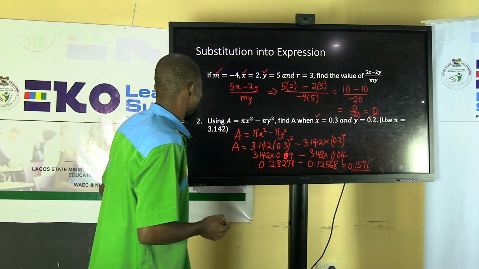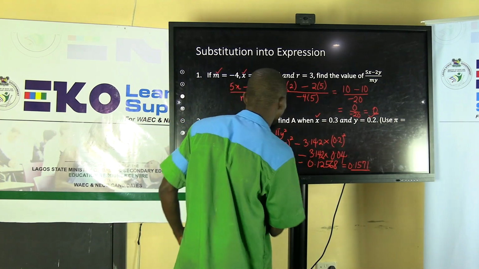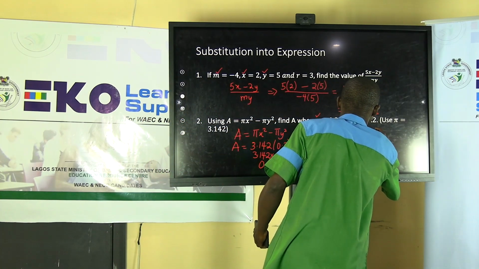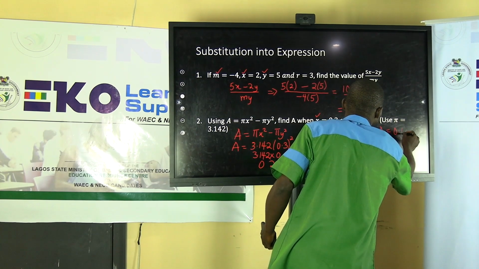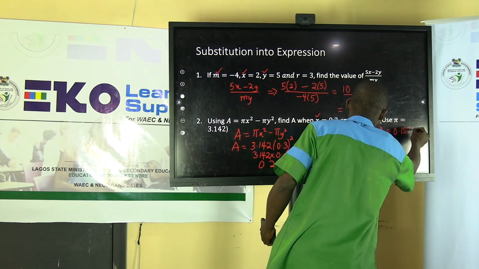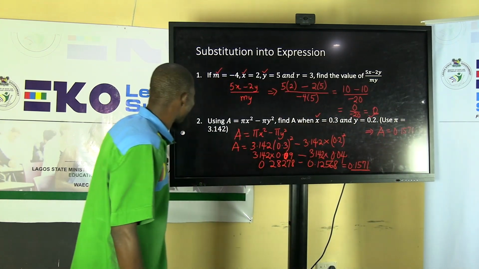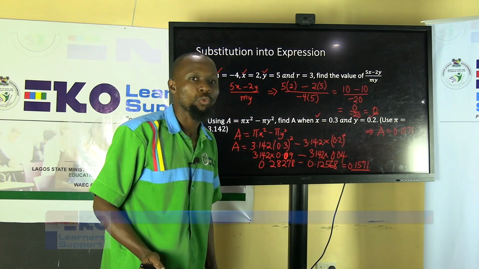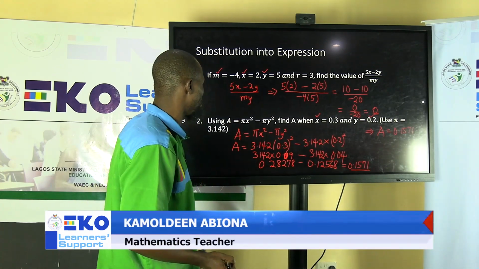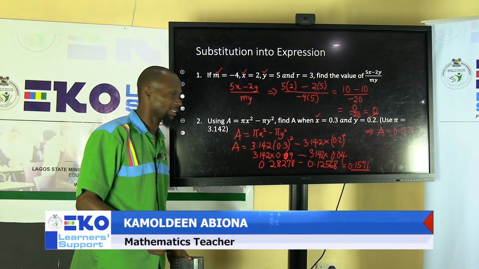So therefore, you can say that the value of a is 0.1571, provided that pi is 3.142, x is 0.3, and y is 0.2. Alright, I hope you understand that.